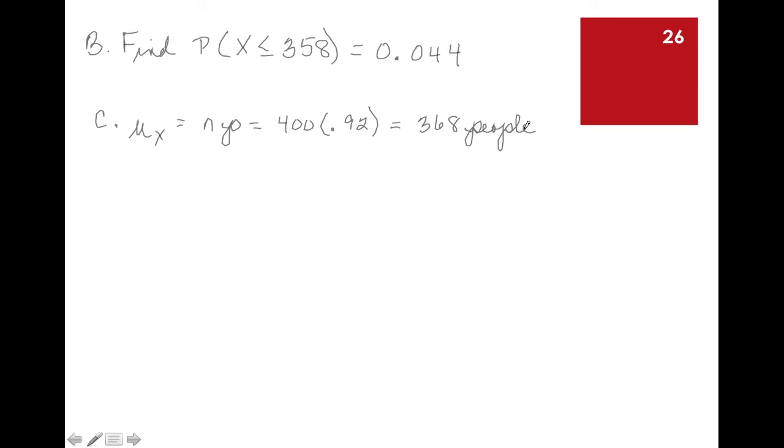And they also ask us for the standard deviation. All right, so this is that one where it's the square root. And I'm going to write it as n times p times q. So big square root, n is 400. P is 0.92, and if our probability of success is 92%, obviously 8% are not approving of his actions.